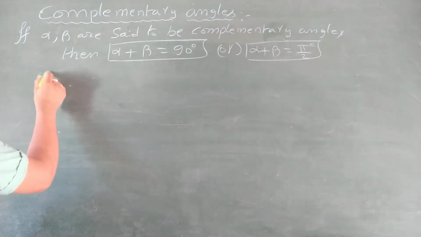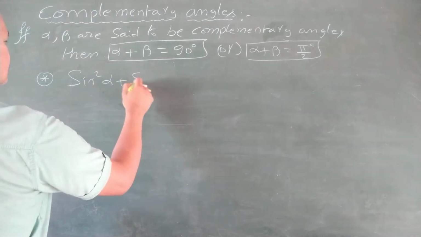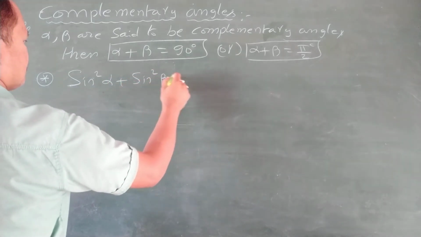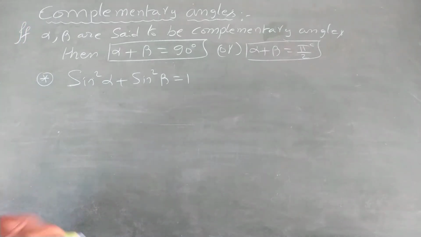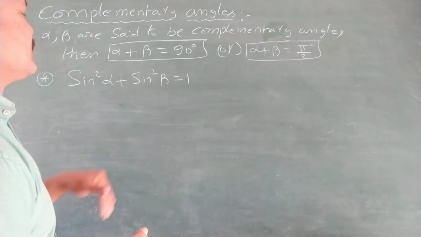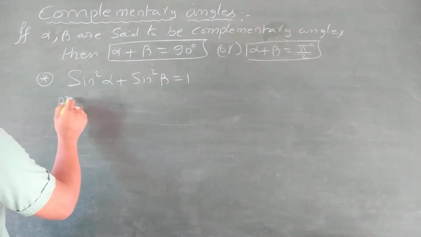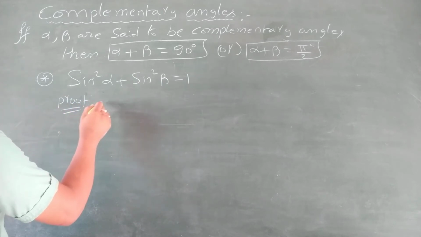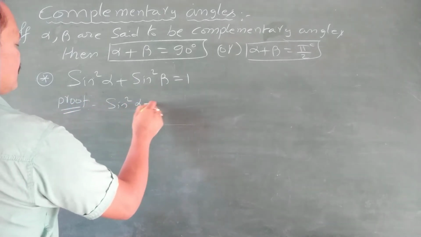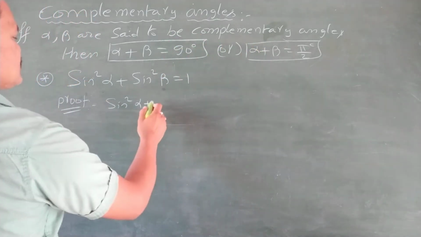The first result: sine square alpha plus sine square beta is equal to 1. Why is it 1? Proof for this: sine square alpha plus, in place of beta, what we have to write? 90 minus alpha.